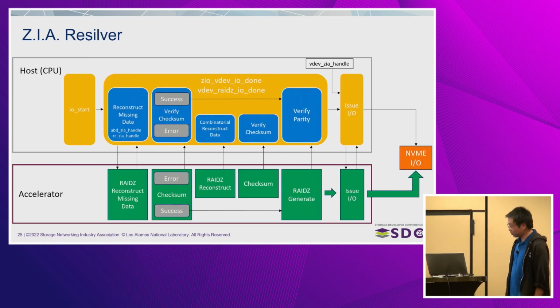In addition to offloading the ZFS Write Pipeline, we also offloaded ZFS Resilvering, which is the operation that is performed to restore data to an erasure-coded Z pool after a disk failure. Resilvering consists of 3 stages: I/O start, I/O done, and issue I/O.